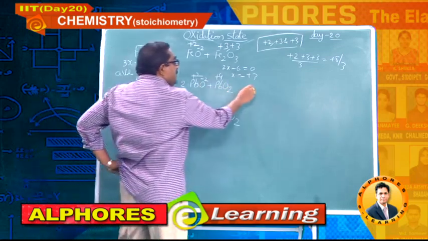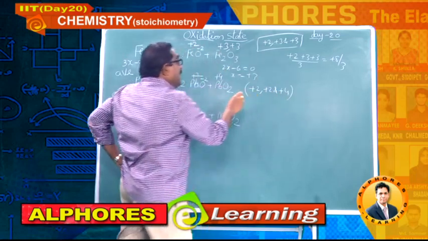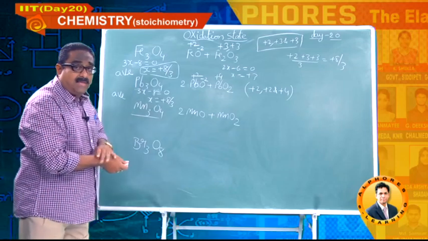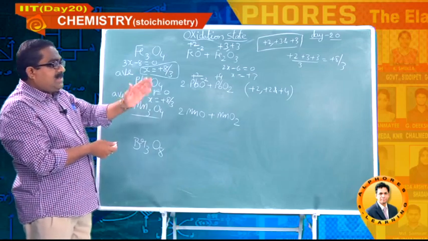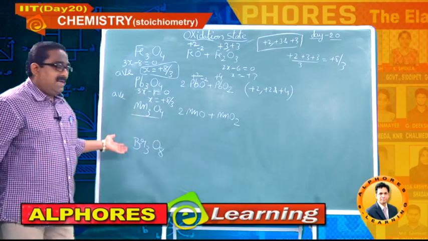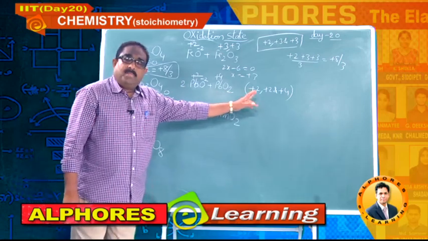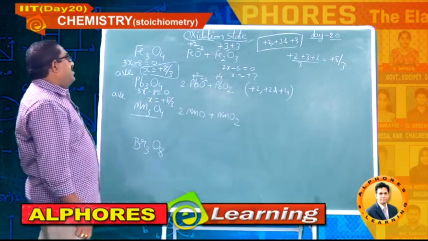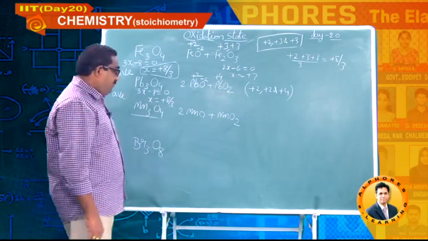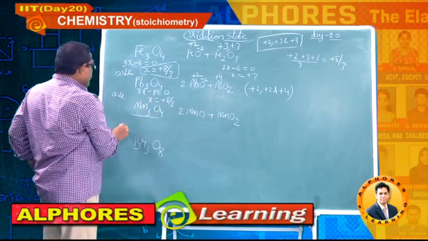So individual oxidation states I am writing plus 2 and plus 4. While doing the average also you will get plus 2 plus 4, total plus 8 divided by the number of lead atoms 3, plus 8 by 3. But the individual oxidation states are: 2 lead atoms possess plus 2 and 1 lead atom will possess plus 4.